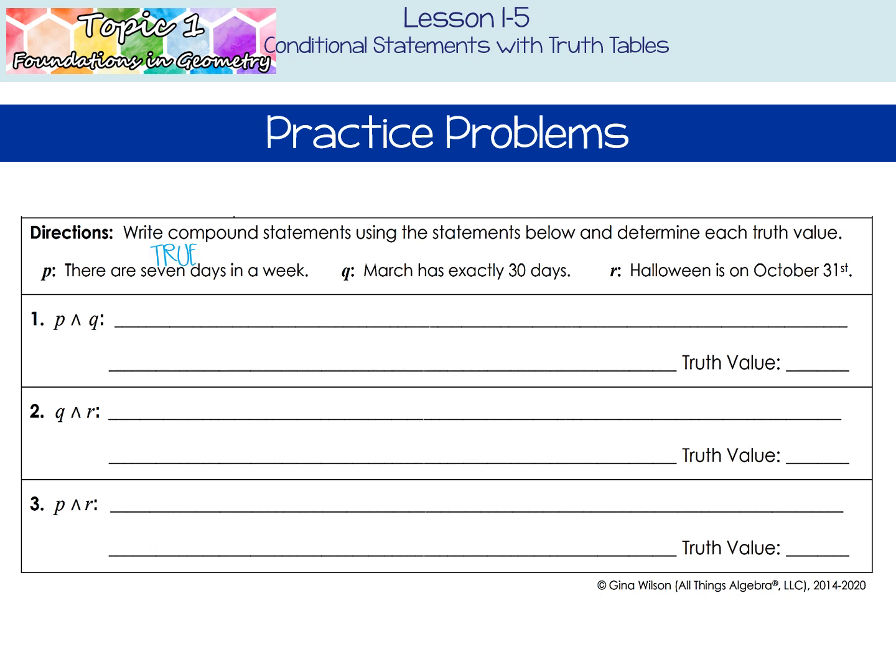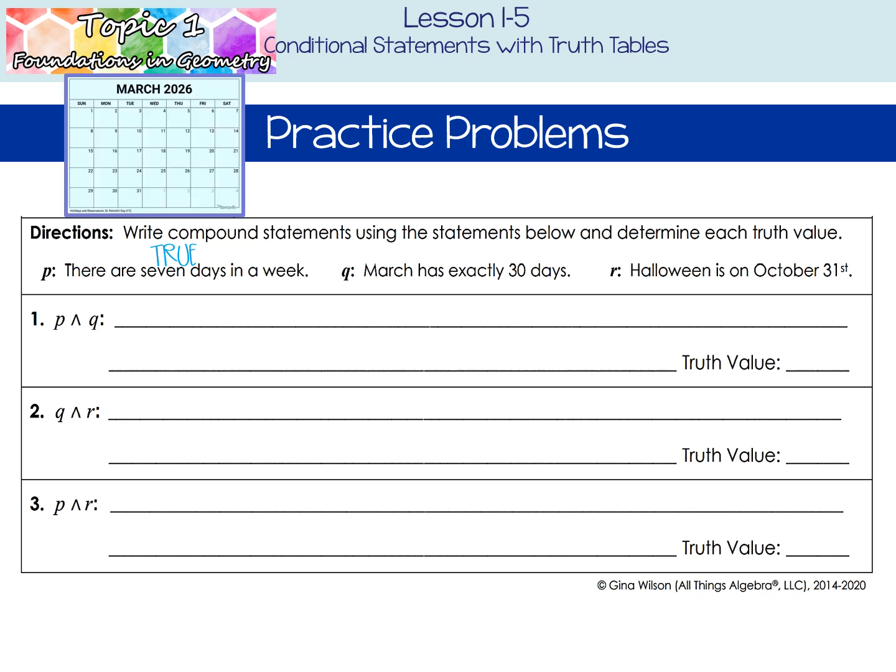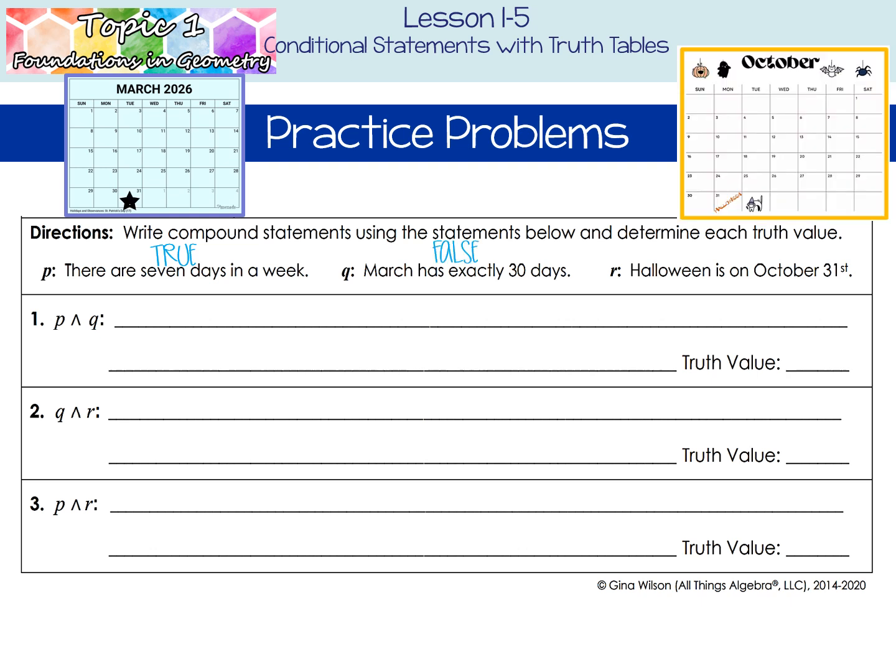It's best to try to figure out the truth value if you know the value of the P, Q, R. So let's go on to Q. March has exactly 30 days. Here's March, and that's false. March has 31 days. R, Halloween is on October 31st. That is true. So now let's write our compound statements.